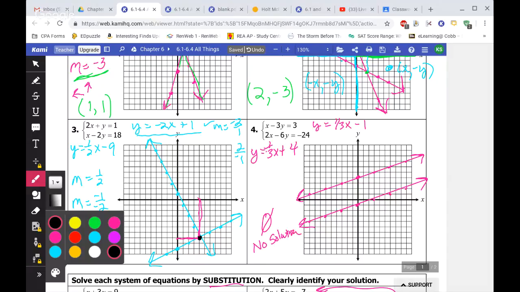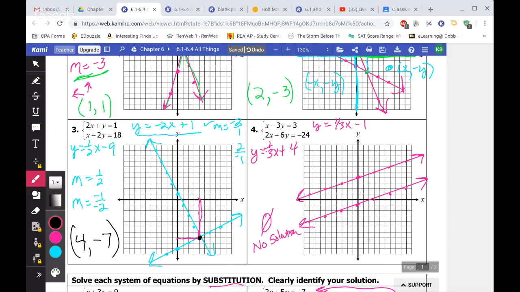Where the black dot is? What are the coordinates of that point? 5 and -9. Oh, wait, no, sorry. 5. 7, 4. We're over 4. Yes, 4 is correct. But we went down what? 7. So that makes it positive or negative if I went down? Negative. So 4 and -7.